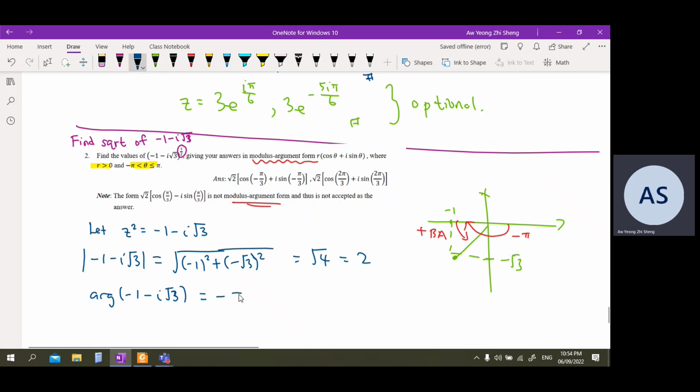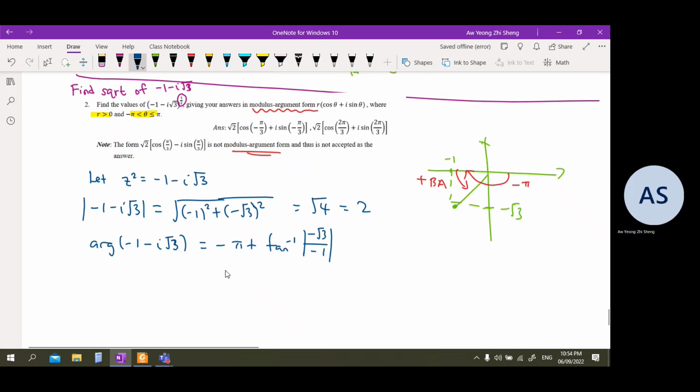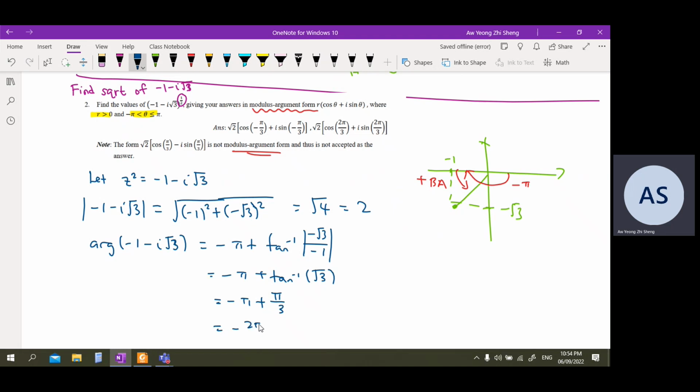So I have minus pi plus inverse tangent of modulus y over x, where y is -root 3, x is -1. Minus pi plus inverse tangent of root 3, this is minus pi plus pi over 3, that gives -2 pi over 3.